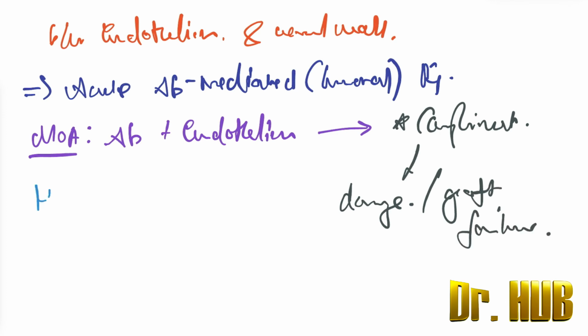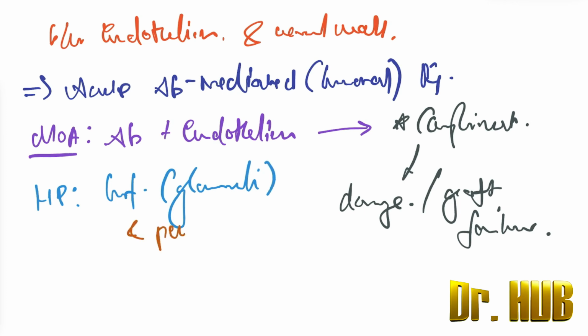Now let's look at the histopath examination. There is inflammation of the glomeruli. Next, there are also the peritubular capillaries.